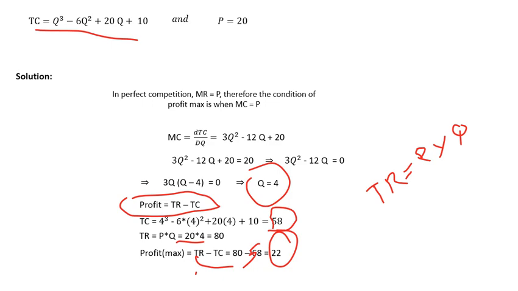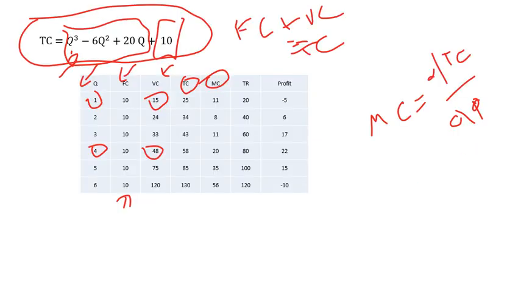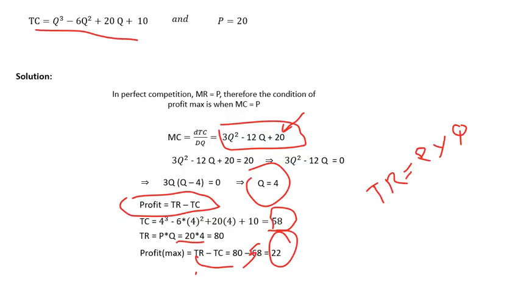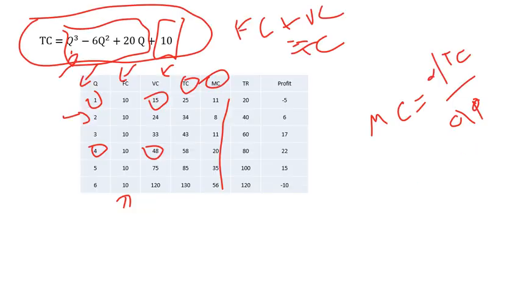This is the MC function. We replace Q by its value in this function to find all those values for each quantity, which means when Q is 2, for example, we replace Q by 2 in this function, so we'll find the values of marginal cost.